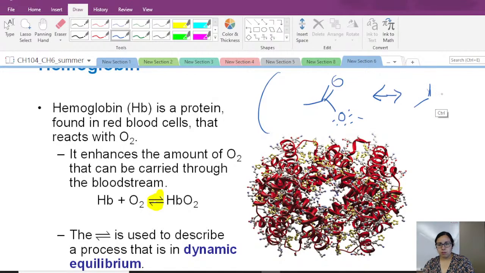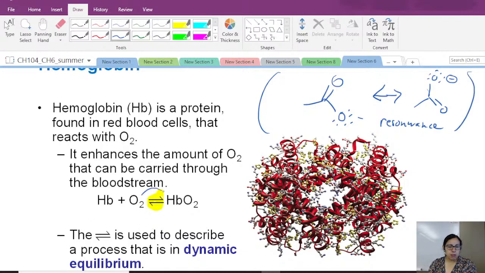Oops, I drew that wrong. So this is just showing resonance, aka electron movement. So we're not changing anything chemically. So this is resonance versus equilibrium. So don't confuse the two.